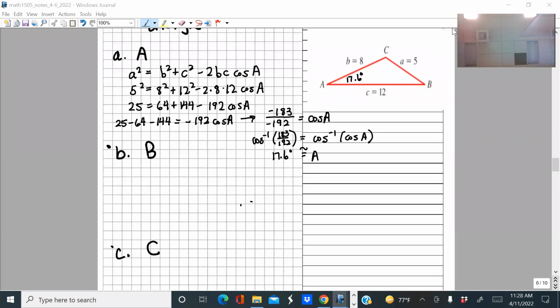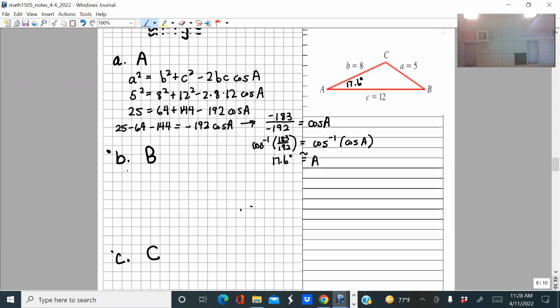Last two examples. So finding angle B is going to be very similar to finding angle A, except you're just going to switch which version of the law of cosines you're going to be using.